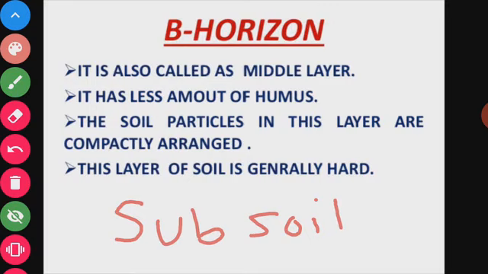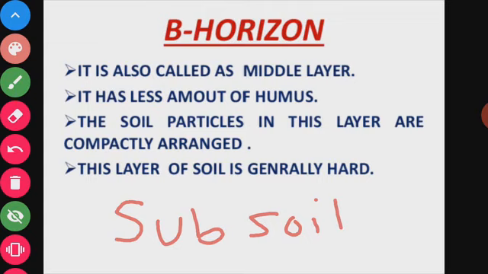It is rich in minerals and other materials. These minerals get seeped into the subsoil with water. Humus is not found in this layer. Thus, it is light in color.